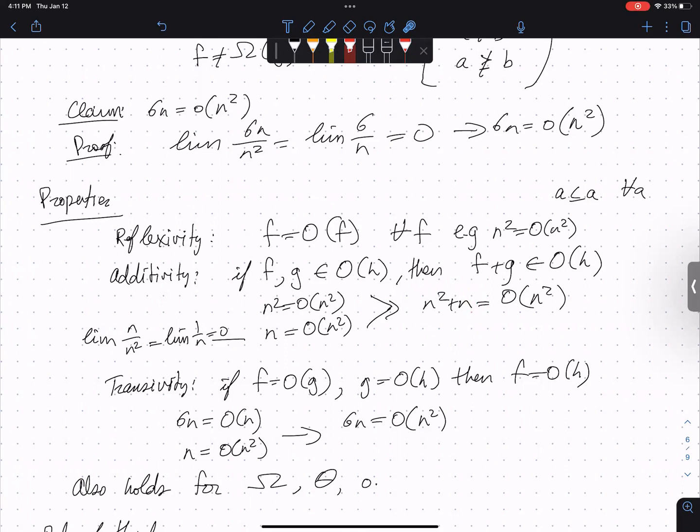But let's forget about that for a second, so we can do it another way. I've got a sum of 2 functions, and I know the behavior of each function. So n squared, I know is O of n squared, and n as I also know is O of n squared. So all this additivity property is saying is if I sum 2 functions that are O of n squared, the result is also O of n squared. That's all.